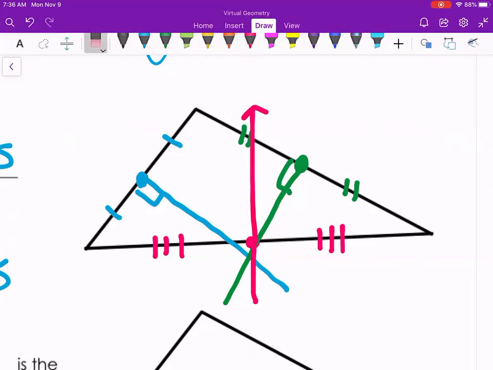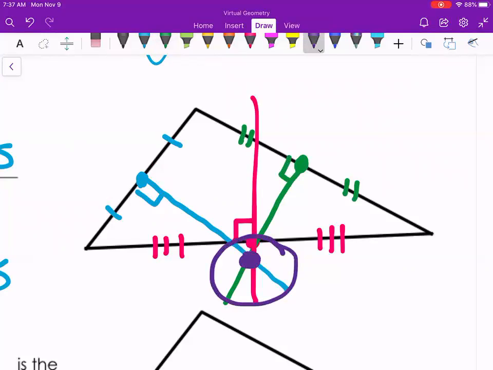Now, it's perfectly fine if your perpendicular bisectors are not hitting vertices here. Now, all three of these lines, these perpendicular bisectors, do in fact intersect at the same point. And remember, I'm drawing this by hand. I'm not using a ruler or a compass and protractor. So it is going to look a little bit off. But again, all three of these intersect at the same point.